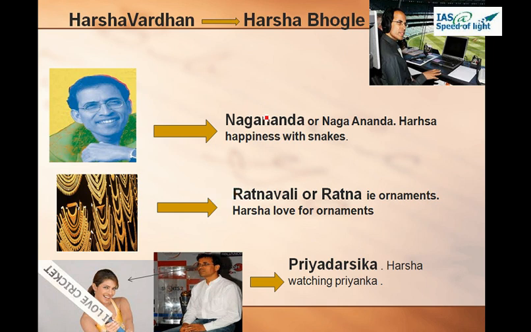First is Nagananda. Now, for Nagananda, I don't have any picture, but Naga is snakes and Ananda means happiness. So see in this picture, Harsha Bhogle is with a snake, the biggest snake, and he's so happy.